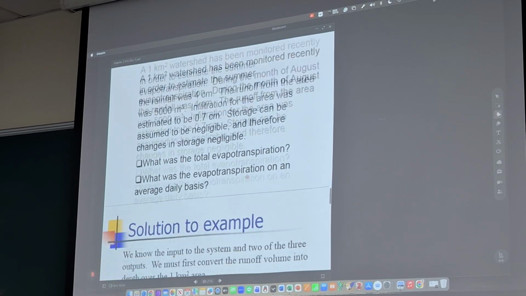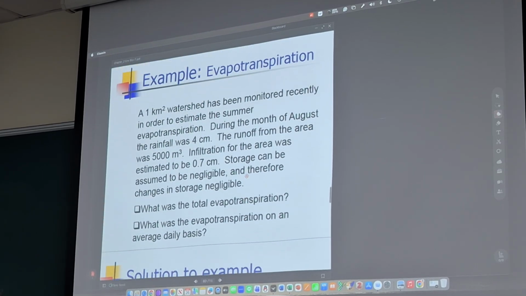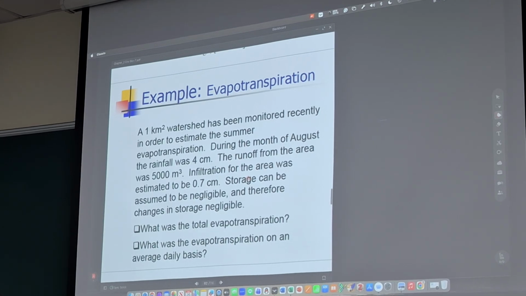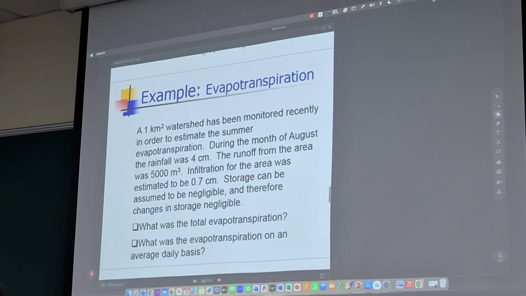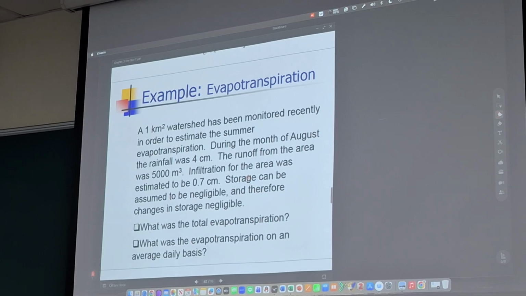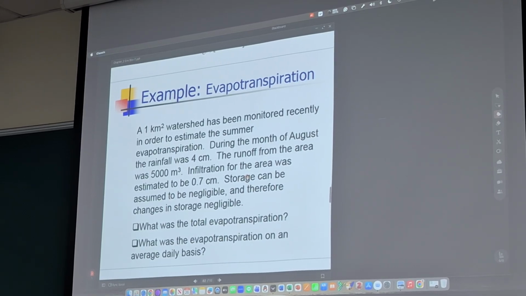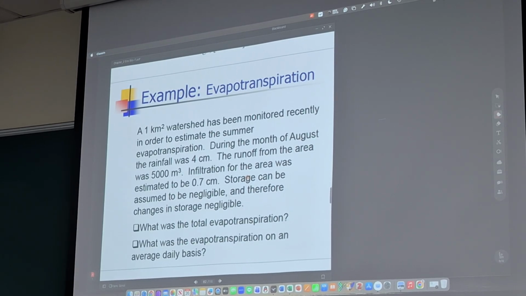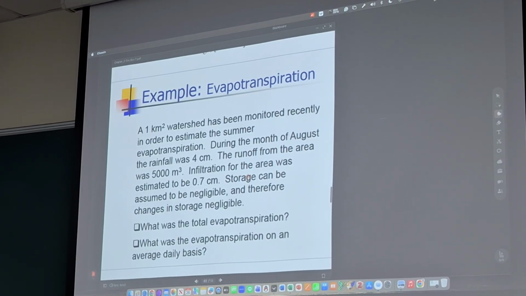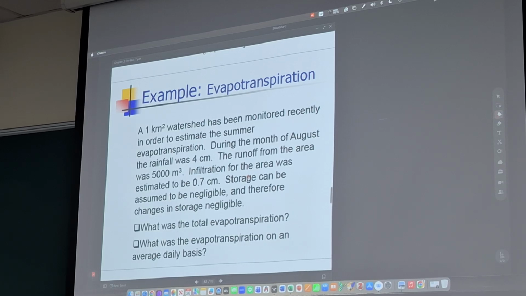Okay, let's see this question from the test paper. The 1 kilometer squared watershed has been monitored recently in order to estimate the summer evapotranspiration.